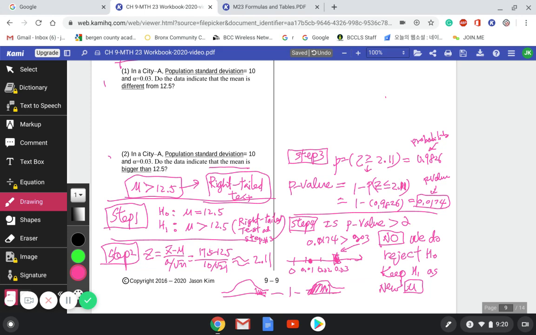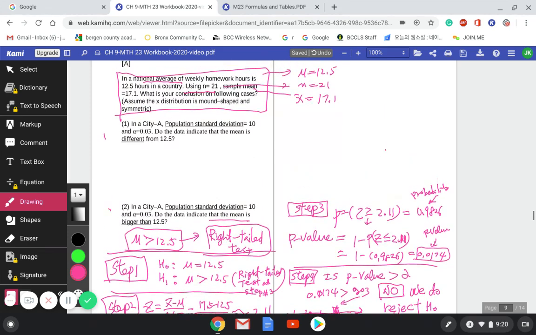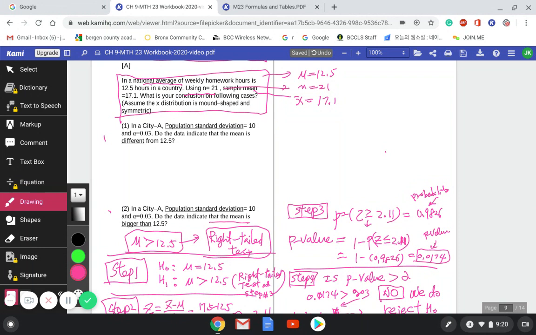Okay. Now, what if you have different than 12.5? So like number 1, they are asking the population mean is different from 12.5. So mathematically, what that means is that mu is not equal to 12.5.